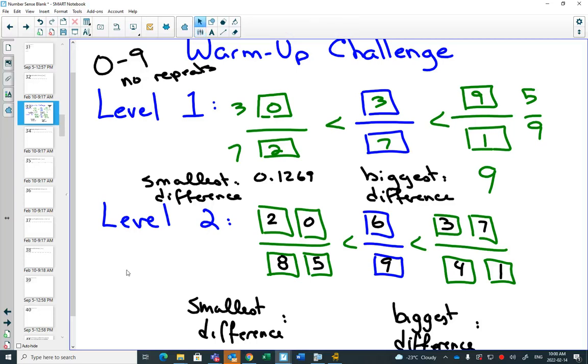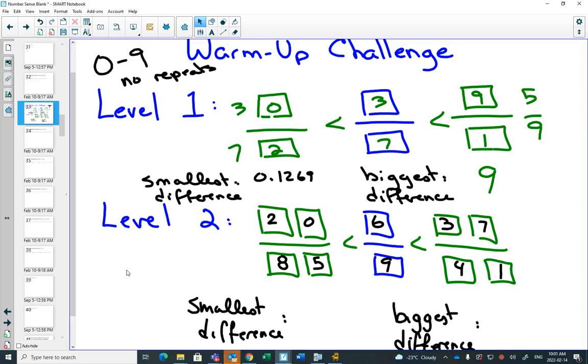Again, with these warm-ups, I'm certain that 9 is the biggest that you can get for the biggest difference for this. The smallest difference, 0.12, seems really small. We'd have to check to see if that's the smallest one.